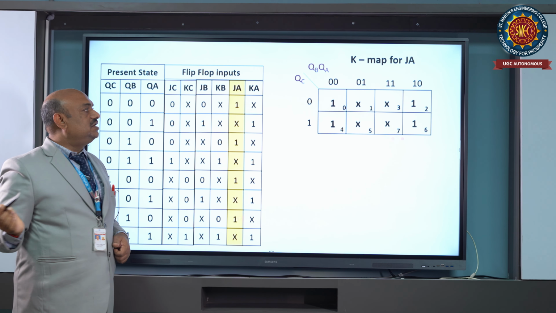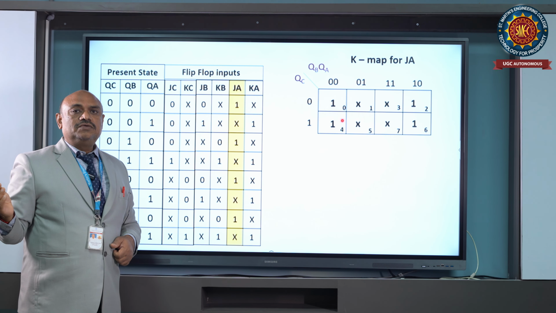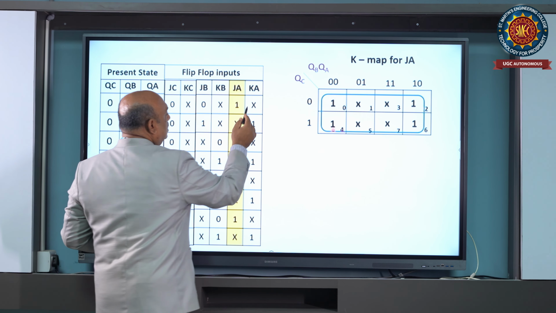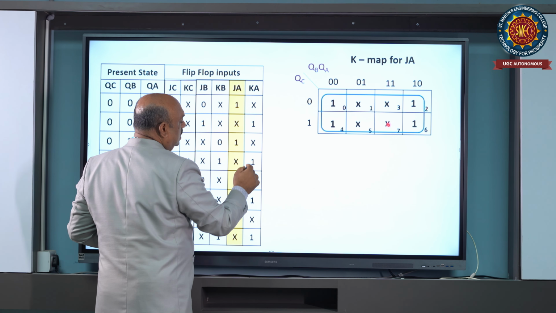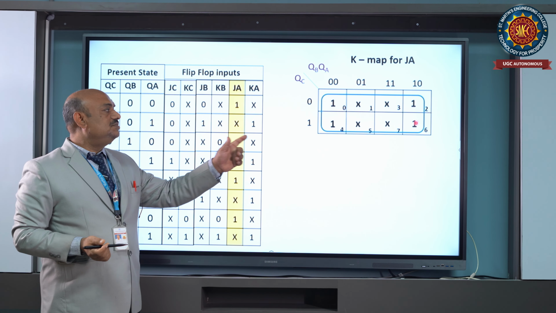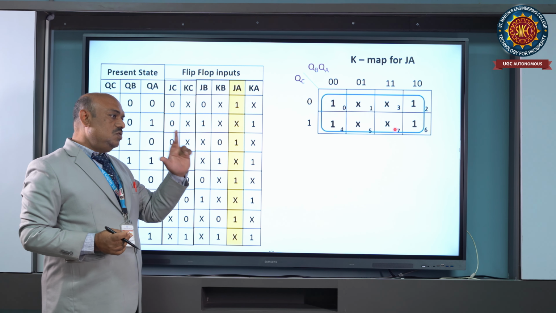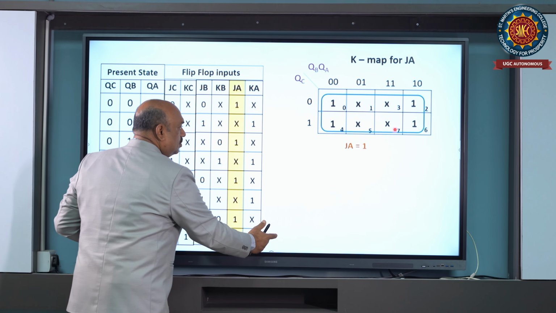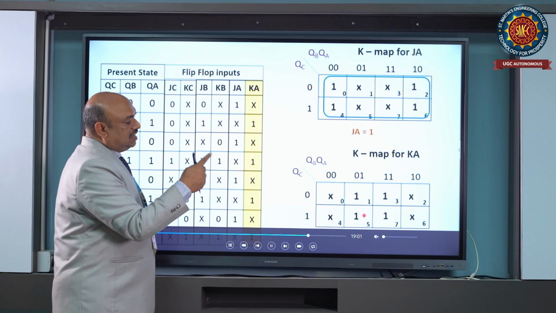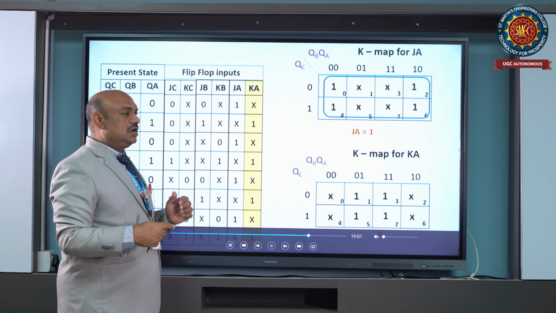To frame the octet, the resultant equation will be JA equal to 1. Similarly, KA also does not have any 0. See, it became an octet. This octet gives the equation JA equal to 1. Similarly, KA is also 1. Here also it is one octet, so KA equals 1.